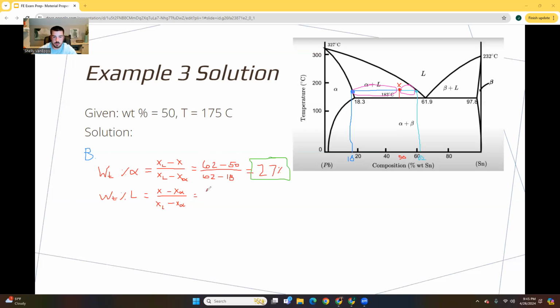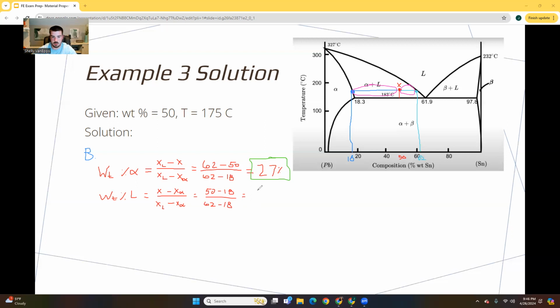If we go in to find the percent weight of liquid, we have 50 minus 18 over 62 minus 18. It's that same 18 from before. If you figure out one, it should add up to 100%.